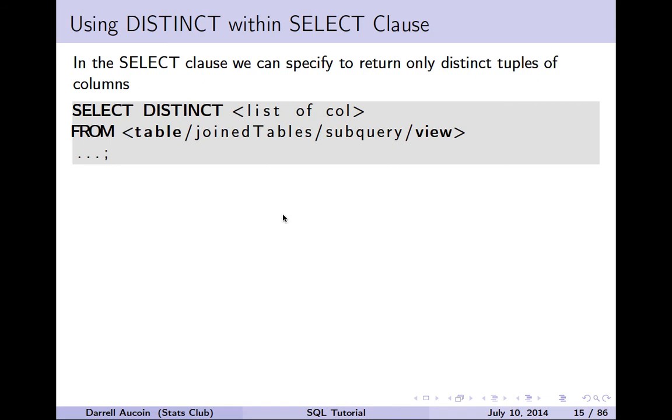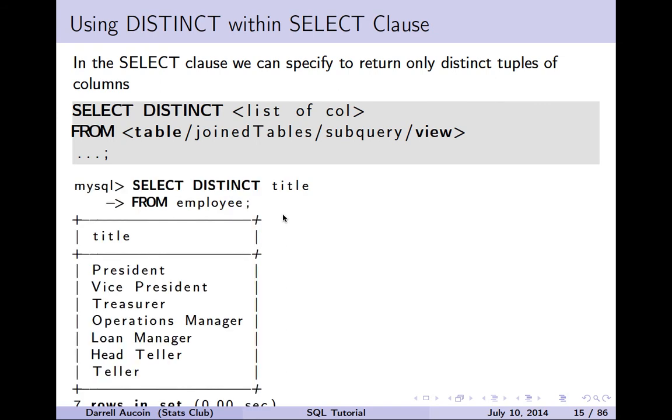If we use DISTINCT, it basically gives only distinct values of that list of columns. As I said before, it could be a table, join table, subquery, view, whatever. I'm basically using an example set from a book called Learning SQL by O'Reilly Media.